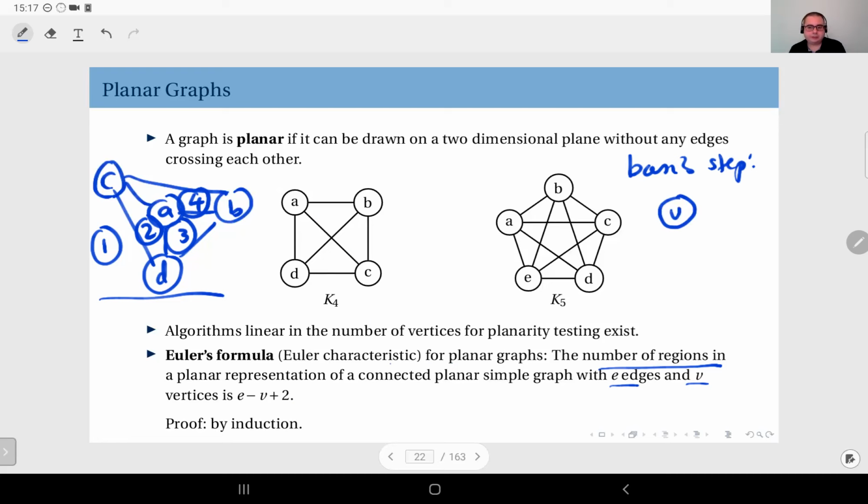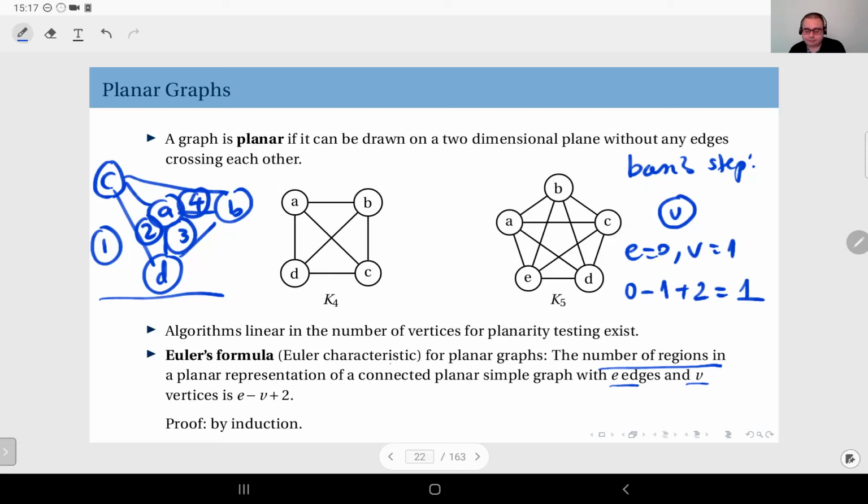Now, E here is 0. V is 1. Therefore, the Euler characteristic is equal to E minus V plus 2, which is 1. And that is correct because you just have one region here, the entire plane, it's not divided at all. So it's correct for the basis step.